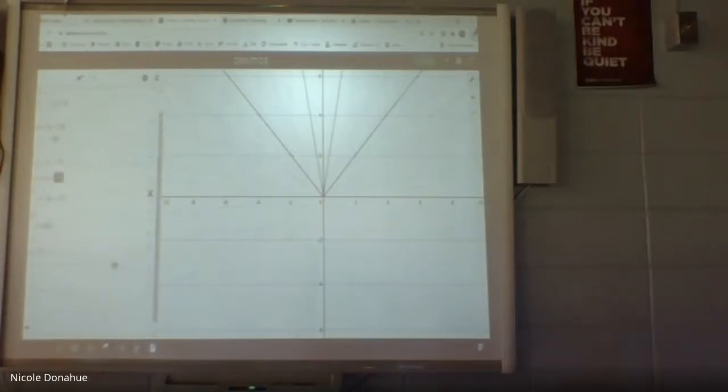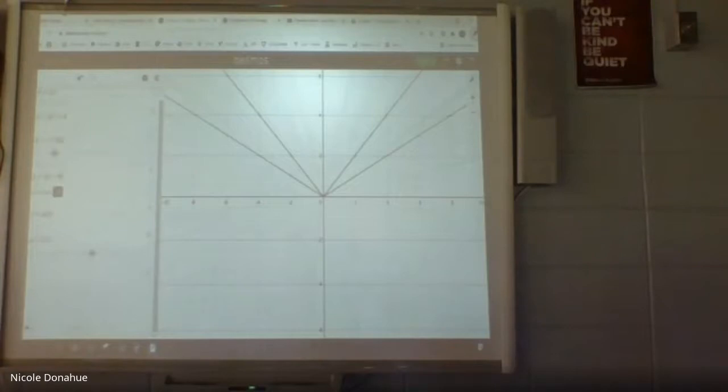So in this case, if a is 5, what happened to the graph? It got skinnier. If a is negative 6, what happened to the graph? It flips. If a is like 1/2, what happens to the graph? It's wide.